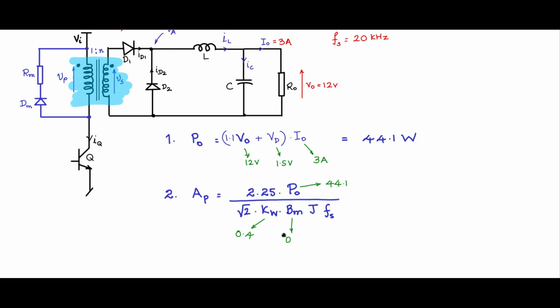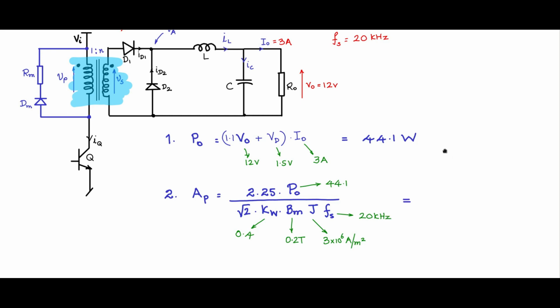Bm for transformers, we reduce the Bm. For inductors, we used to take 0.25 Tesla, but for transformers, don't swing beyond 0.2 Tesla because we want to limit the magnetizing current and also to keep the swing within the linear region of the BH curve. Then J, same as before, as you used for inductors, 3 into 10 to the power of 6 amp per meter square or 3 amp per mm square. Frequency, switching frequency 20 kilohertz as given as a spec.